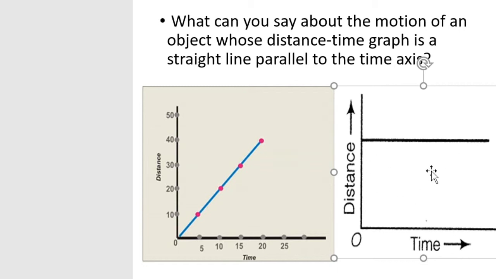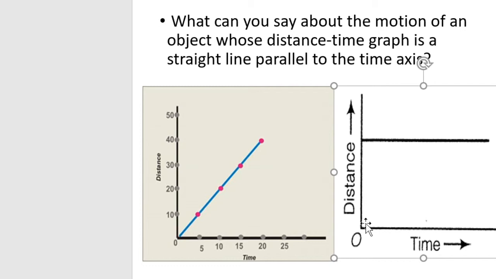So suppose someone asks you to draw a distance time graph for a body which is stationary, which is parked. Suppose your car is parked in your garage. How would you draw the distance time graph? If the car is parked, then this horizontal line will be exactly on the x-axis, right?